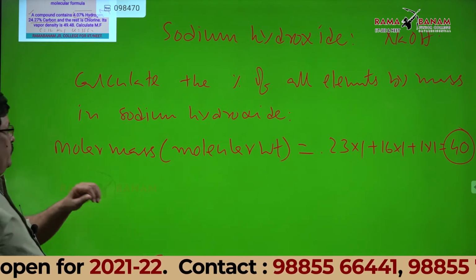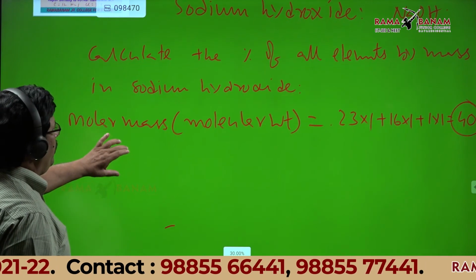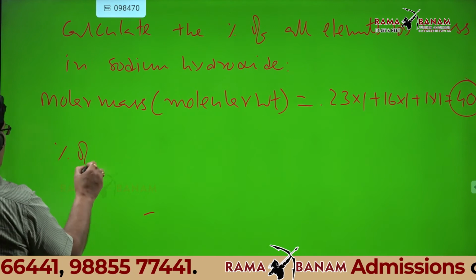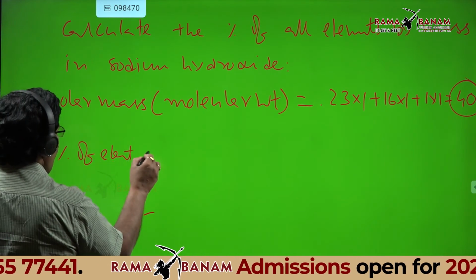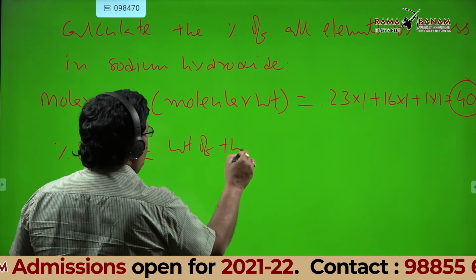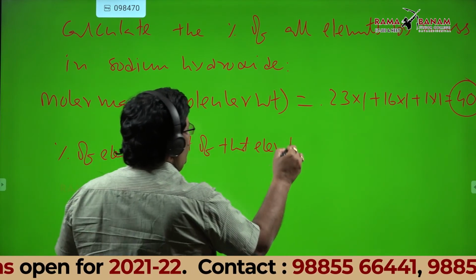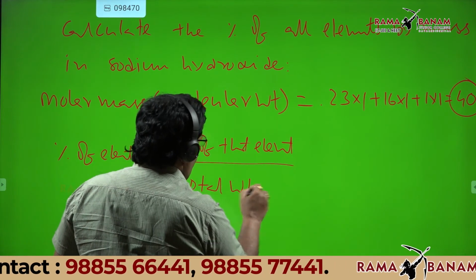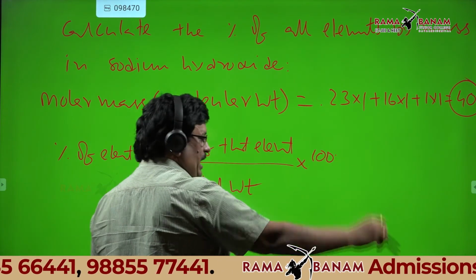Then how to calculate the percentage? Listen carefully, students. Percentage of an element is equal to the weight of that element by the total weight, into 100. Jaya, excellent.